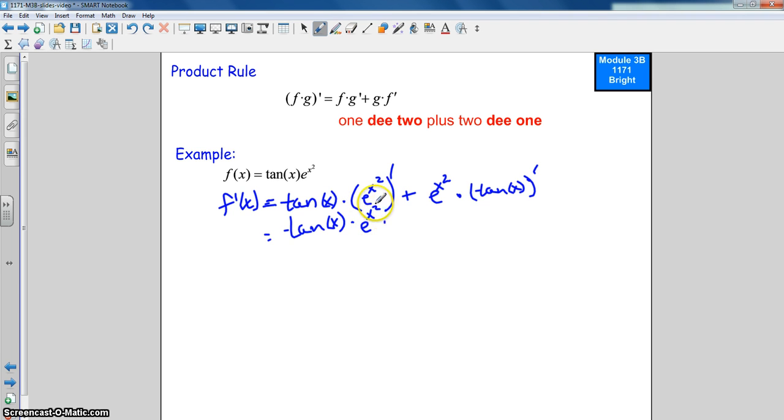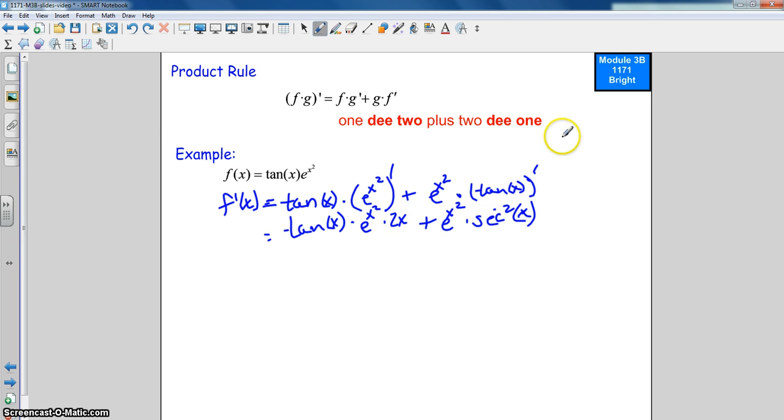So the derivative of x squared is just 2x. Alright, so that's all done. Now I have to add that to e to the x squared times the derivative of tangent, which via the formula sheet is secant squared x. Okay, and that's pretty much the product rule in a nutshell.